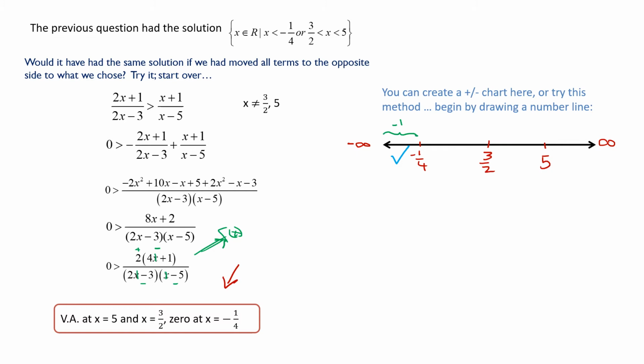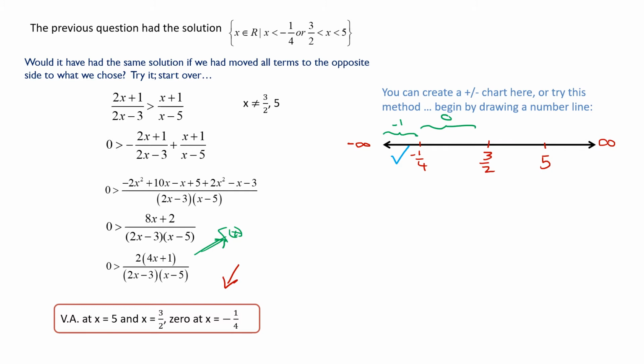So now you do it again. Pick a number in between -1/4 and 3/2. In between these two, I might pick 0. It's easiest. So when you sub in a 0, you go back down to your related function, and everywhere that there was an x, I put in a 0, do all that in my head, and I get a positive.